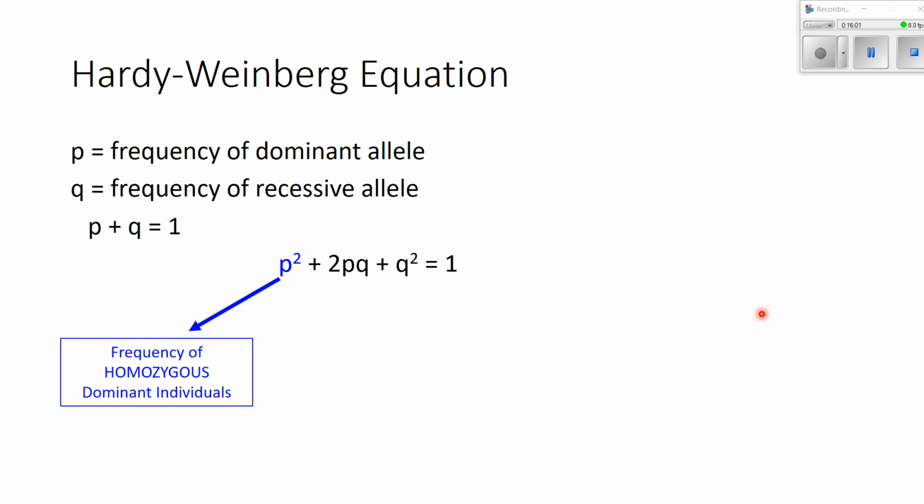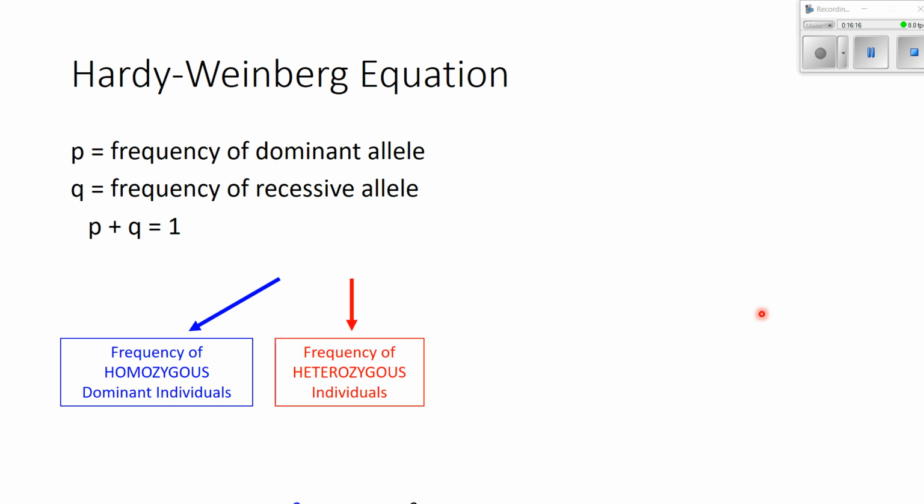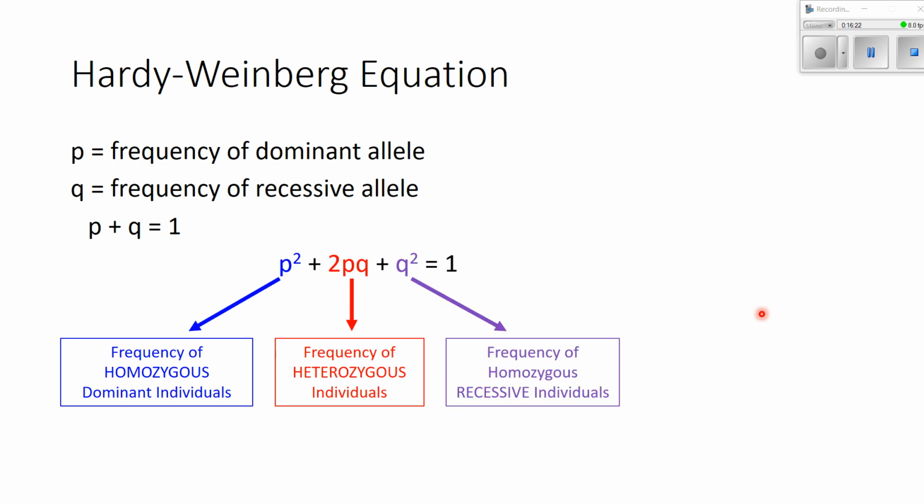Out of all the flowers in that population, P squared is how many of those plants are not just dominant, not just red flowers, but homozygous dominant, big R, big R. Okay? 2PQ is the frequency of heterozygous individuals, and Q squared is the frequency of homozygous recessive individuals. If you add those up, it has to add up to 1.